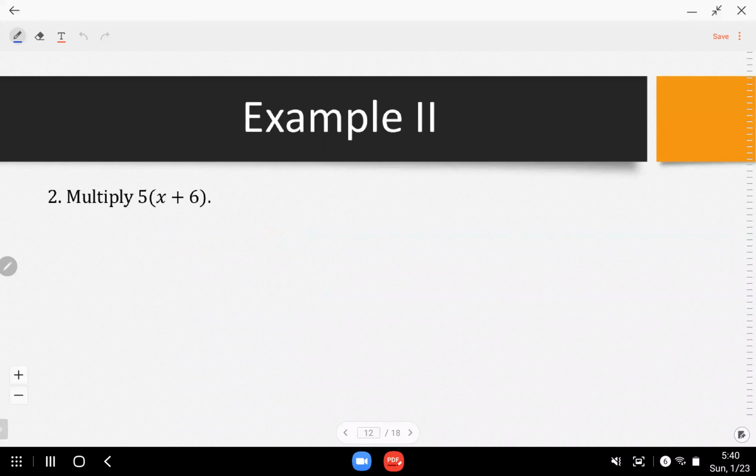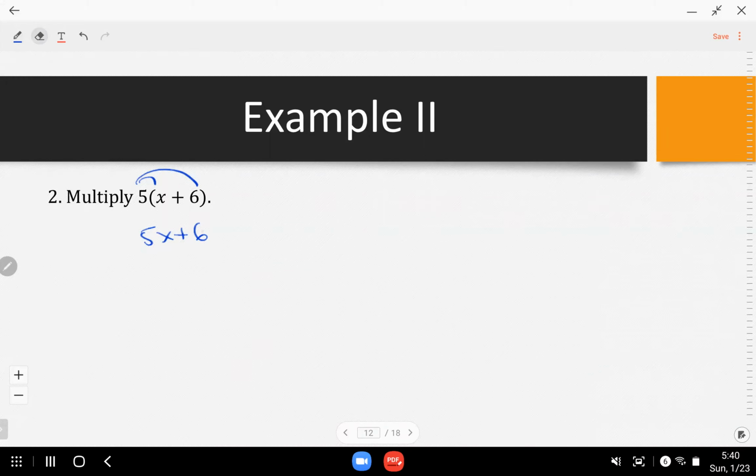Now, multiply 5 times the quantity x plus 6. This is a pretty easy example, so I'm just going to walk you through it. Again, distributive property. Make sure you distribute it to both terms. So 5x plus 6. Is that the correct answer? This is a mistake that a lot of people make. If you don't distribute to both terms, you get something like 5x plus 6.